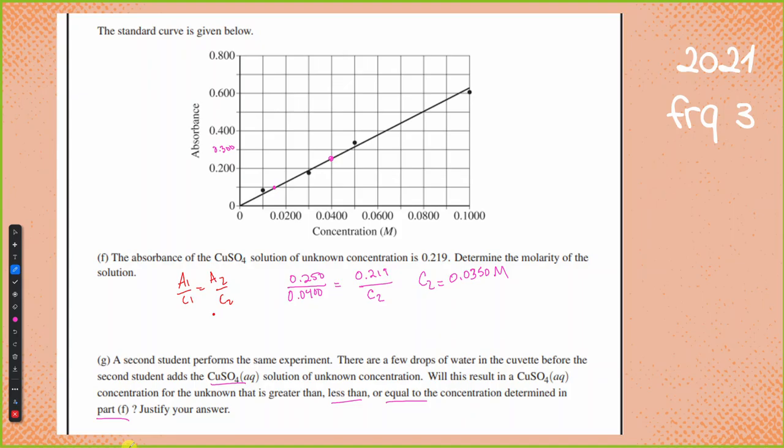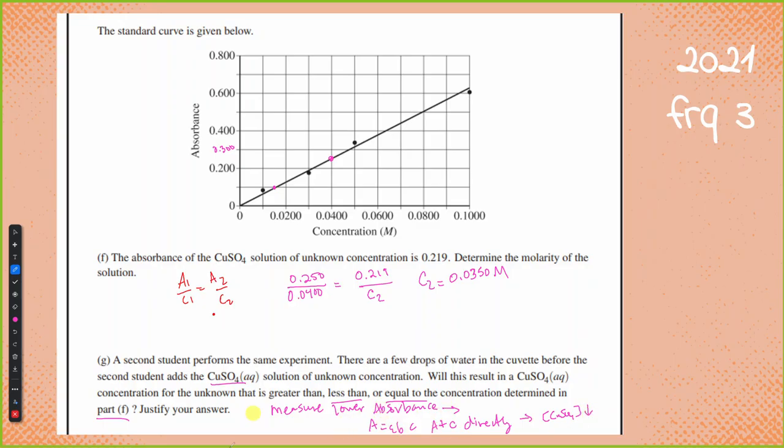So if they add it to one that has water already in it, it's going to measure a lower absorbance because some of the water will dilute it, and therefore, due to Beer's law, where absorbance and concentration are directly related, the resulting concentration of your copper sulfate is going to be lower.